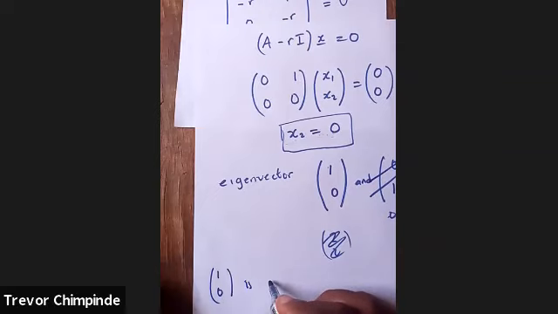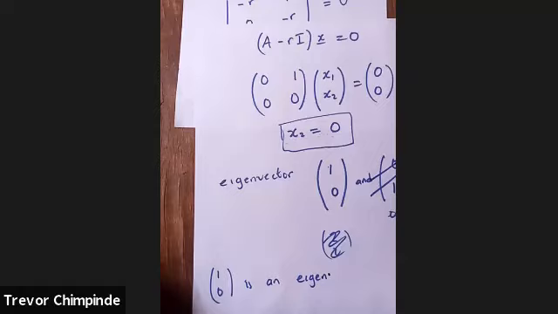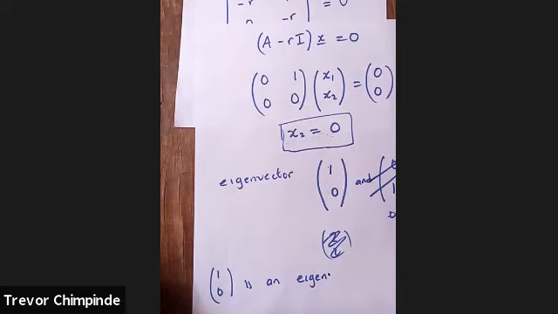You mean, since x2 is 0, you can choose any number to be x1? Yes, exactly. You can choose any number to be x1, and it will satisfy this. The only restriction is that you can't choose x1 to be 0, because we don't want the 0 vector.